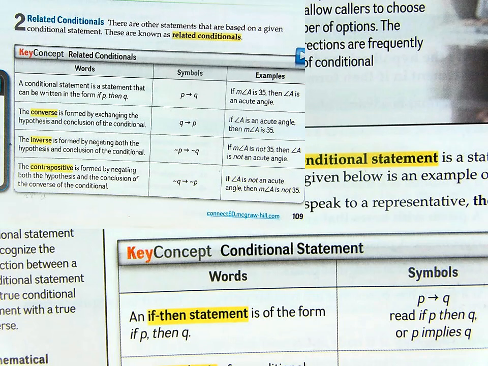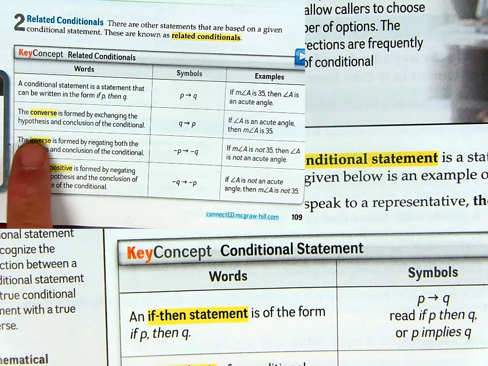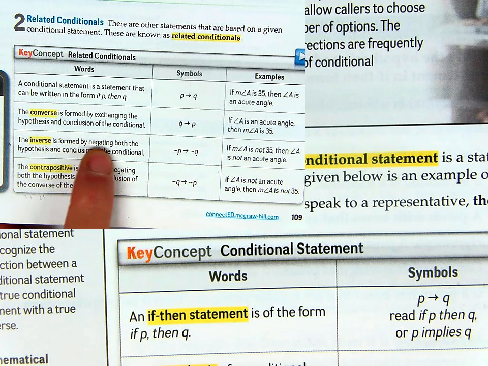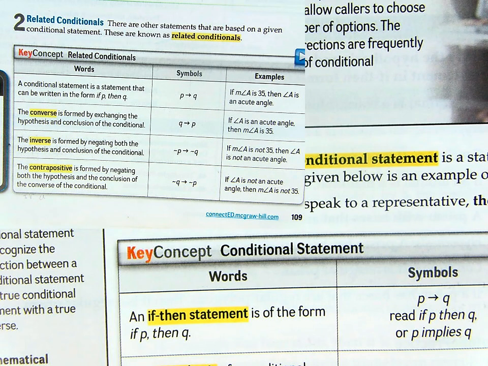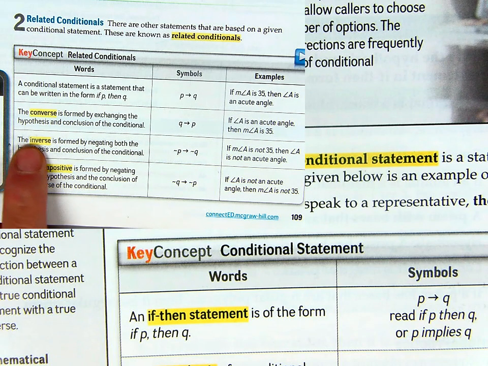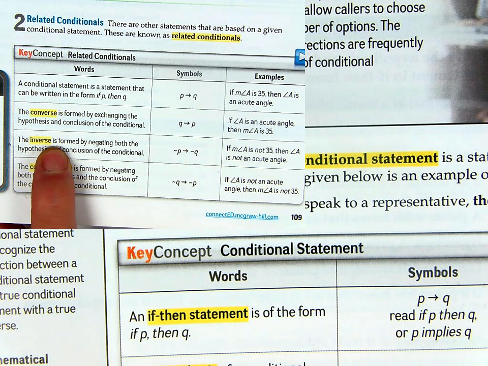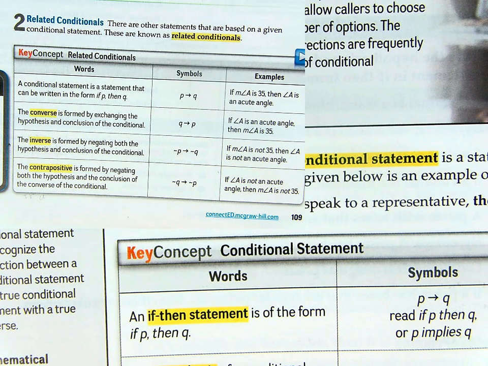Inverse. Inverse is formed by negating both the hypothesis and conclusion. The original statement: if you make it through your day, then you can go home and relax. Now we're going to have the inverse of that statement. If you don't make it through your day, then you won't go home and relax.